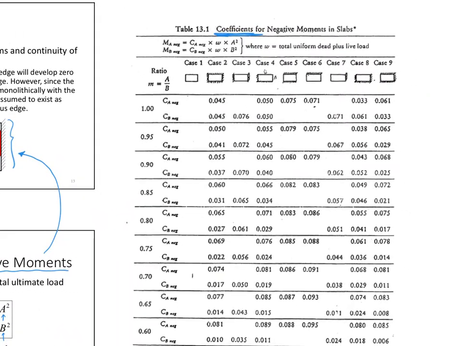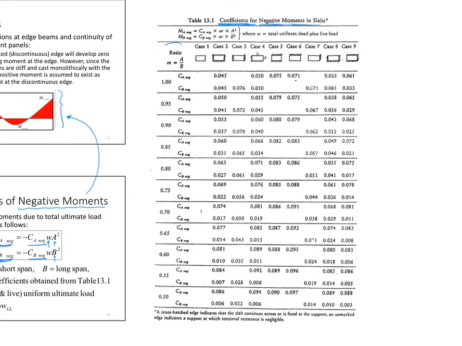You'll see that it says table 13.1, coefficient for negative moments in slabs. On the left side here, you will see M. So those here are M's. Once I found M, for example, M equals 0.8, I have to get inside this row and go to the right. Now on the column side, you will see that we have the cases.